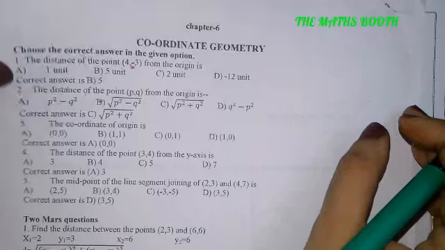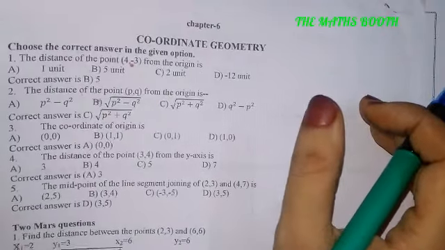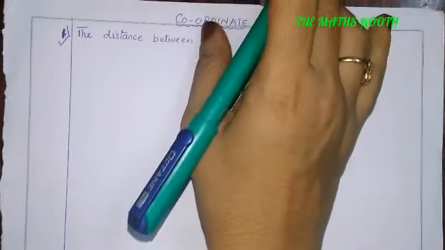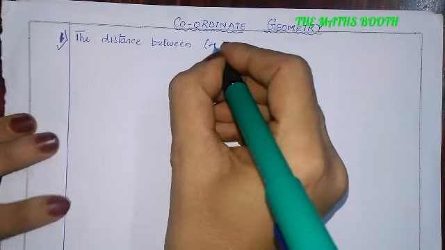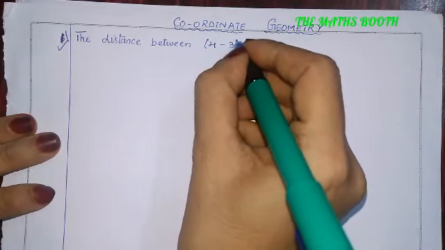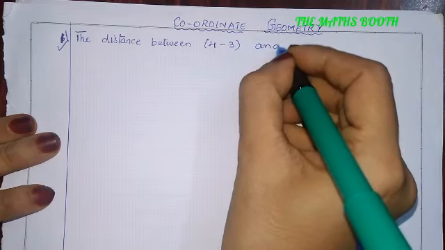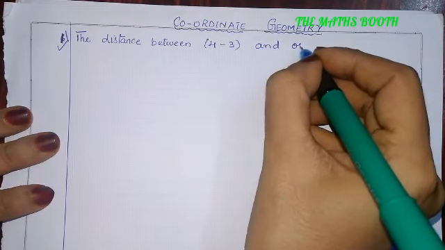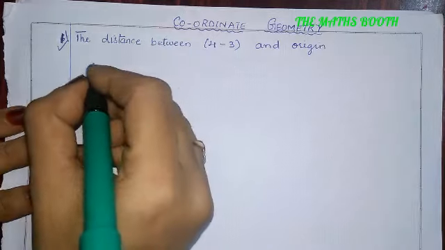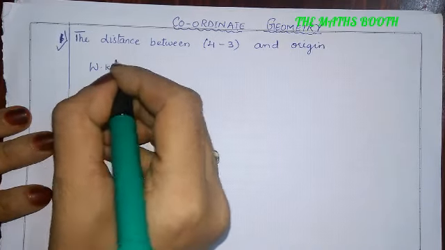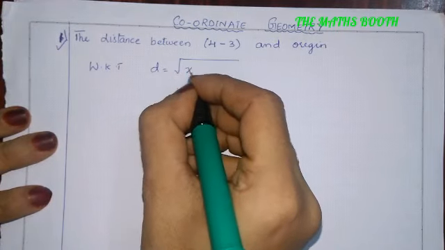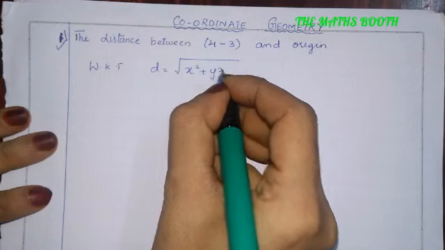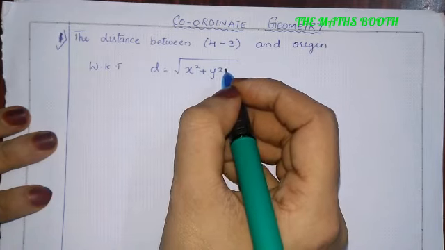The distance between the point 4, minus 3 and the origin. So we know that d is equal to root of x square plus y square. This is the formula for the point and origin.